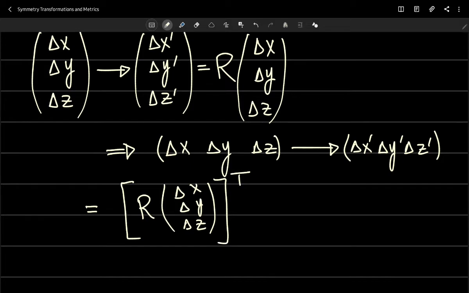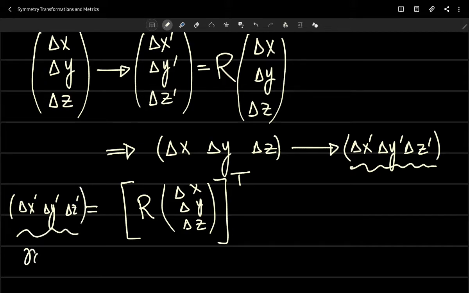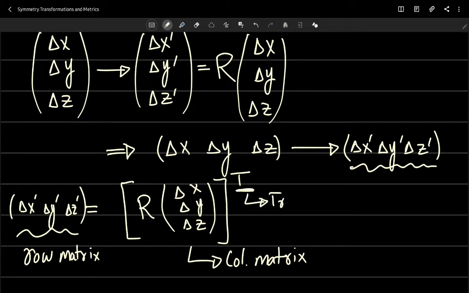So what a transpose does is it converts your column matrices into row matrices. So actually let me write it over here. Delta x prime, delta y prime, delta z prime, which this thing over here is your row matrix. And this thing over here is your column matrix. And that is why we had to take this transpose, right? I know I did not need to tell you that, but anyway, right?